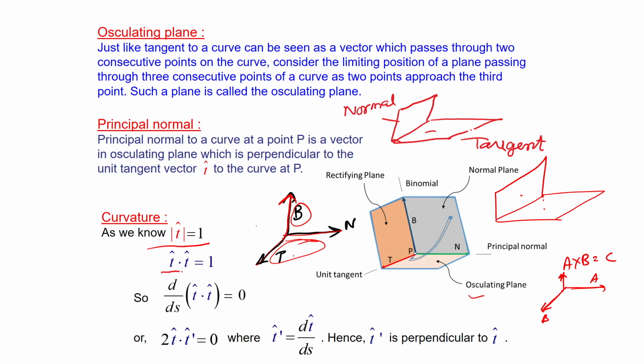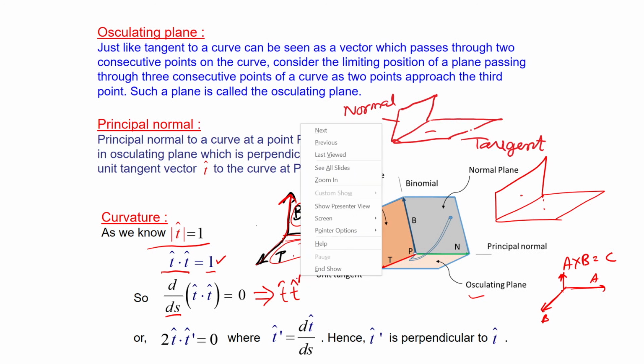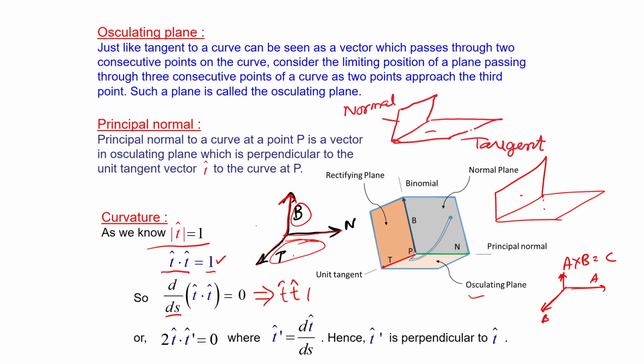So, we know that the magnitude of a tangent vector is 1. So, the dot product of tangent vector with itself will be 1. If we differentiate this with respect to s, first function as it is, differentiation of second function, and differentiation is denoted by just a dash, plus second function as it is, differentiation of first function.